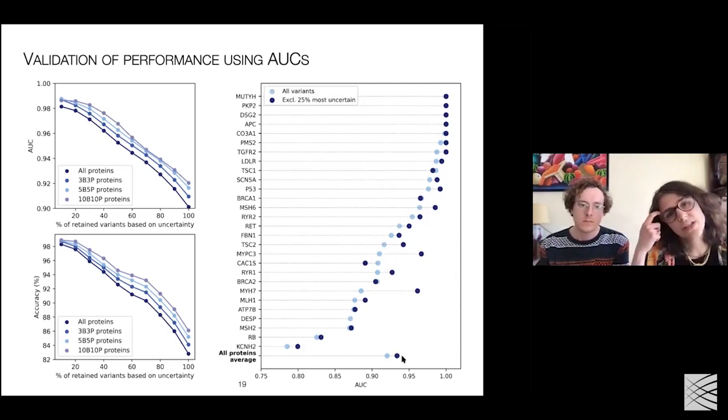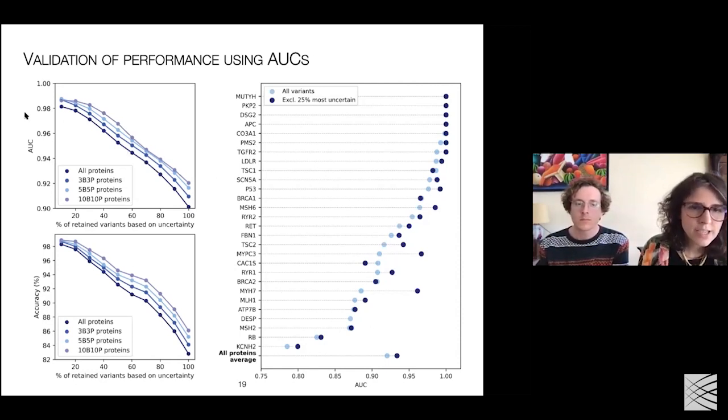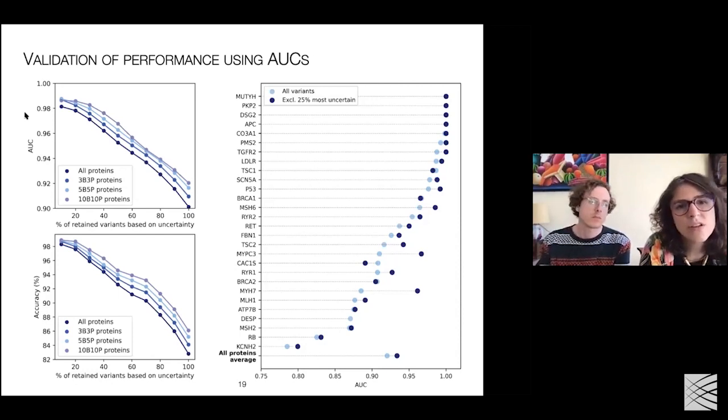Another thing that we can see in these plots, which is quite reassuring, but in a sense not very surprising, is that the model does not depend very strongly on the number of labels that each gene has. It's not surprising because the model does not train on the labels themselves, but it's still quite reassuring.